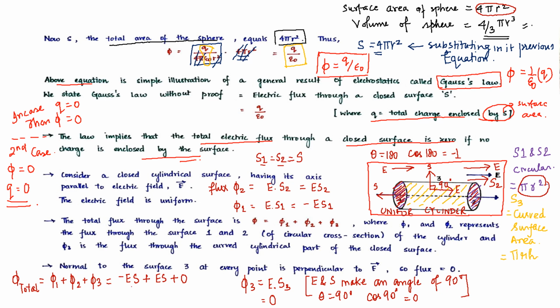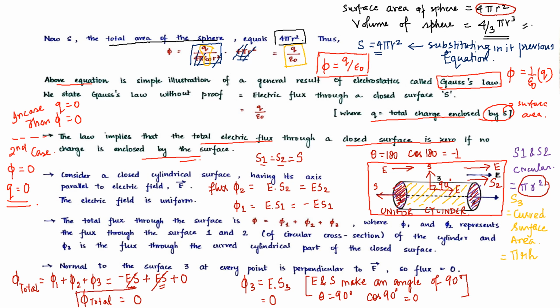These two are equal and opposite and cancel each other, and then the xi total value comes to 0. So this is a uniform cylinder which does not contain any charge, and hence the flux coming out of this cylinder is 0.